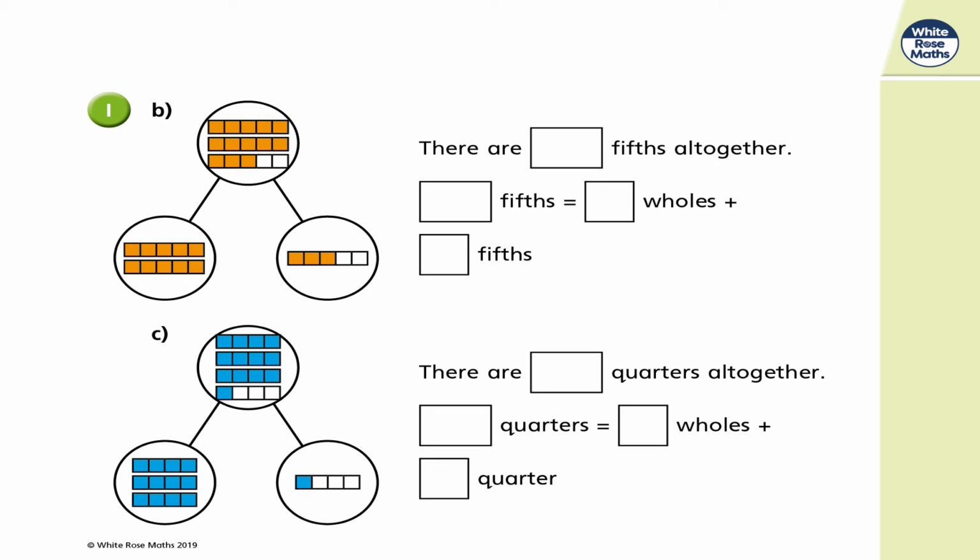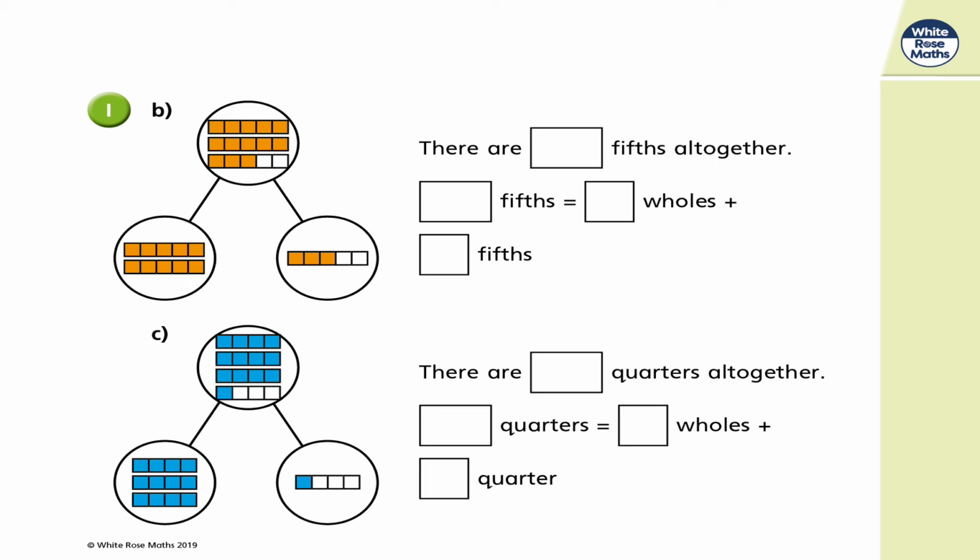Yeah, 10. So 10 fifths equals 2 wholes, and in the other part of the circle, you have 3 fifths. So 13 fifths equals 2 and 3 fifths.